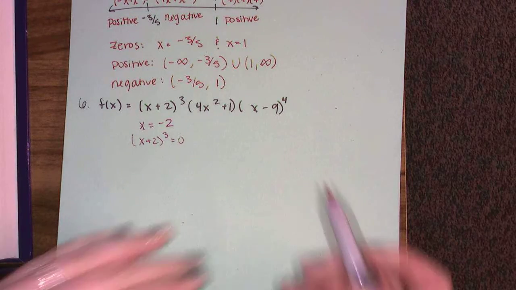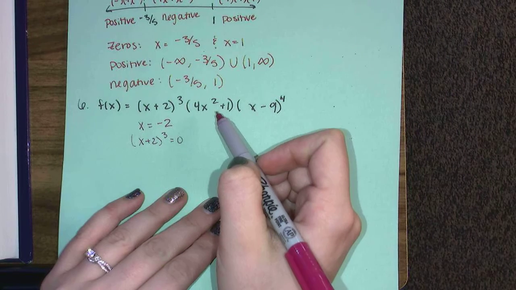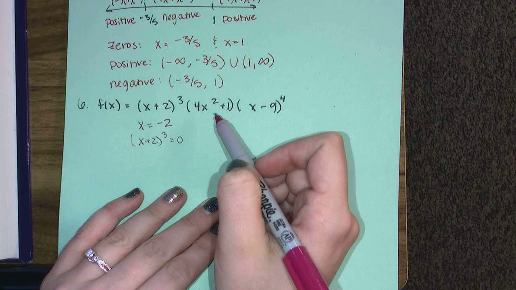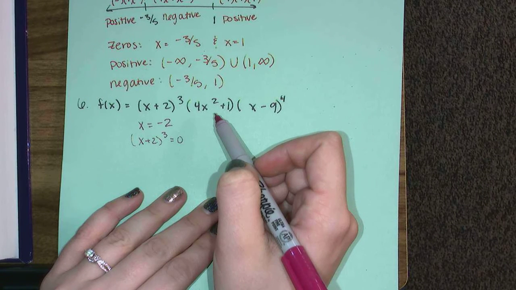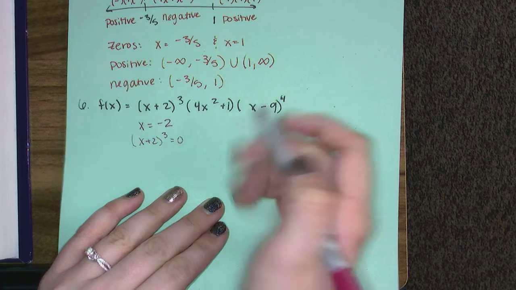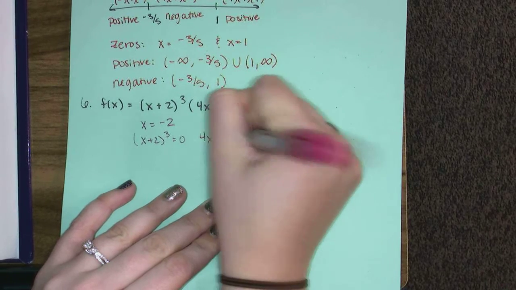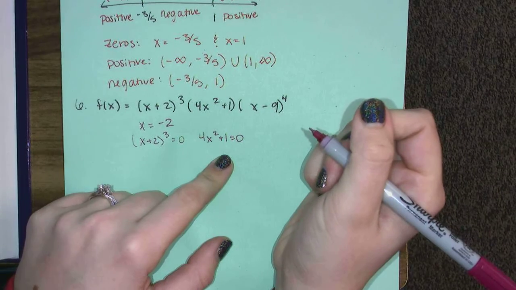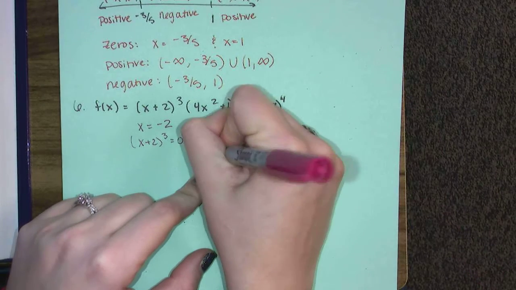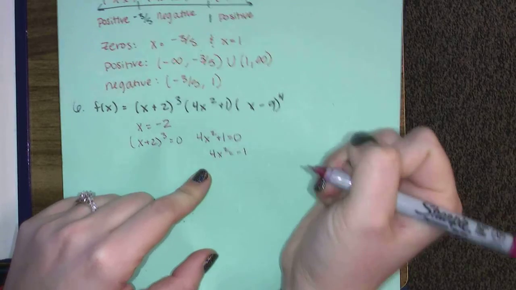Okay, so then how about this one? Okay, let's look at this. Okay, so what's the first thing I need to get rid of? Okay, 4x squared is equal to negative 1.